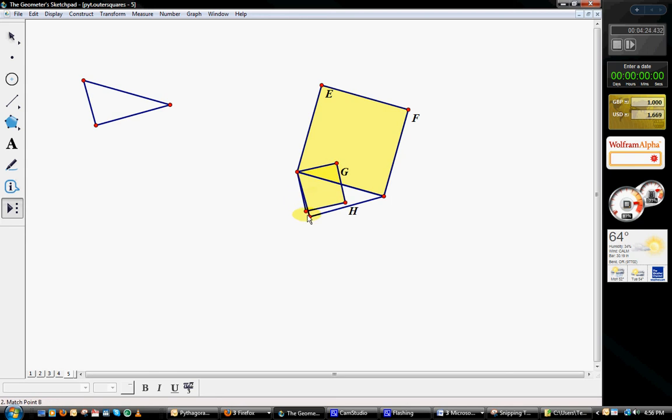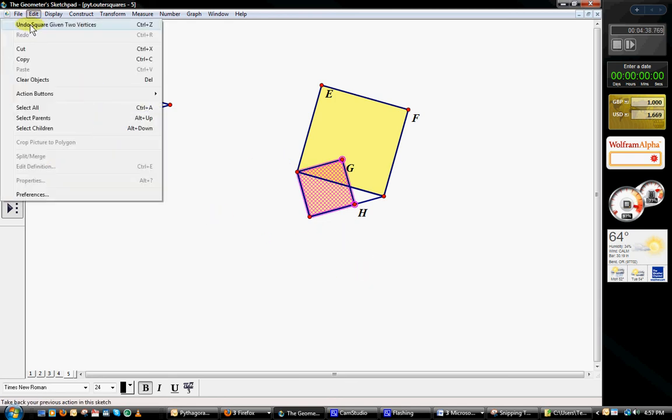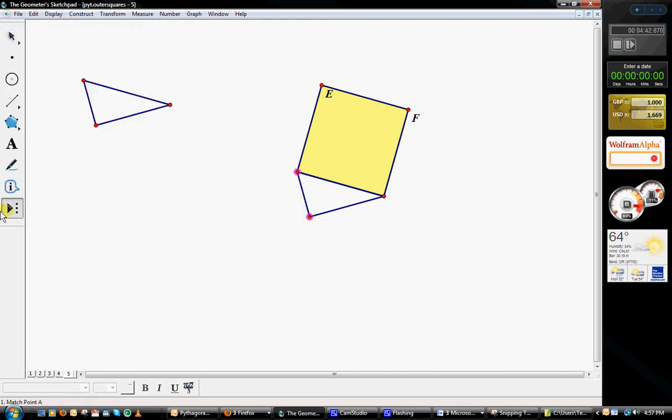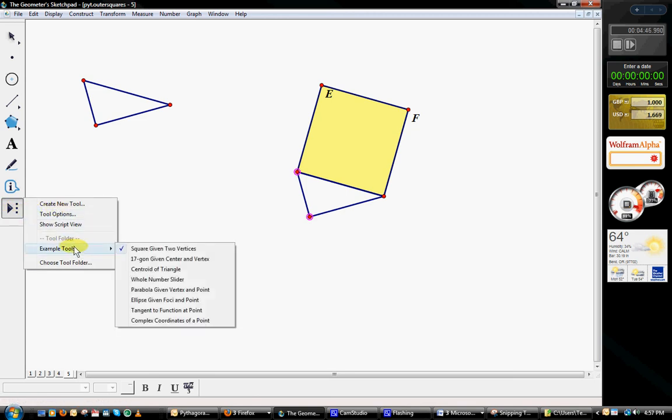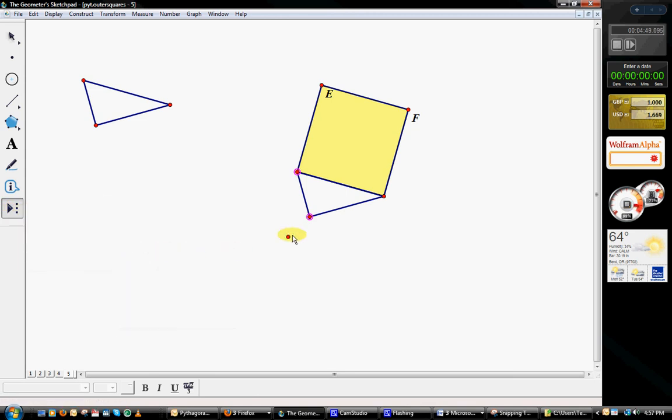and constructing the squares. Now you notice there that I'm not getting my square where I want it, and that's because I selected the vertices in the wrong order, and that will happen to you. Happens to me pretty regularly. So then we just undo that, go back to tools, and select our tool again, and there we go with that one.